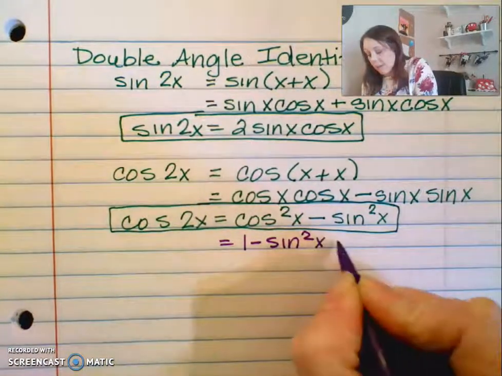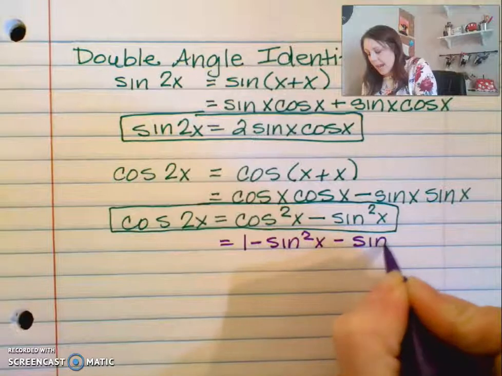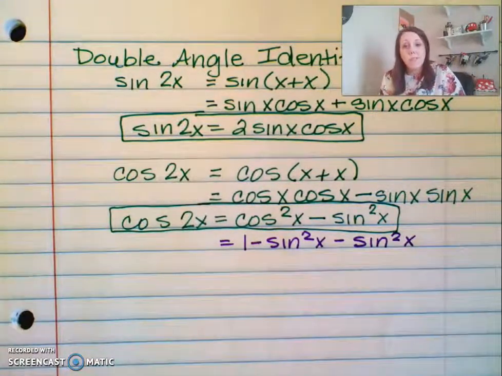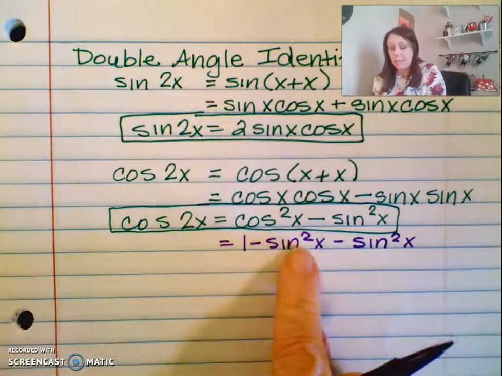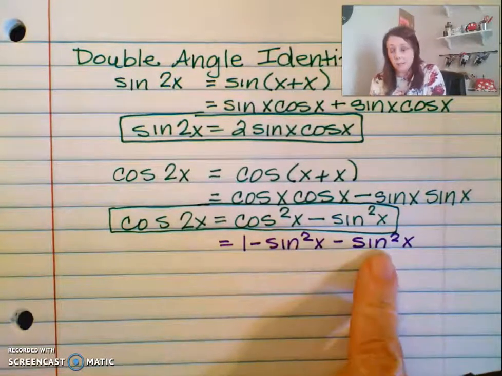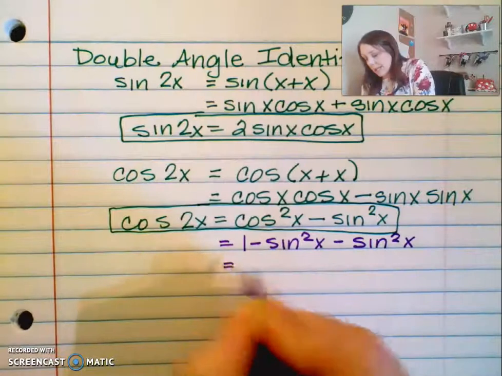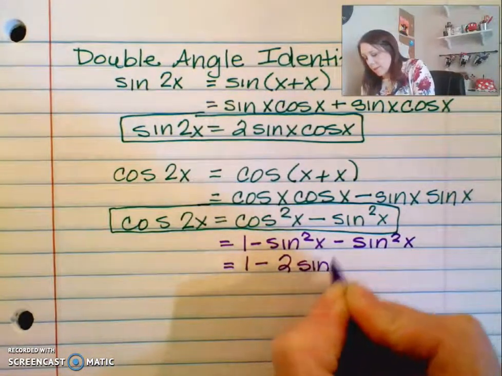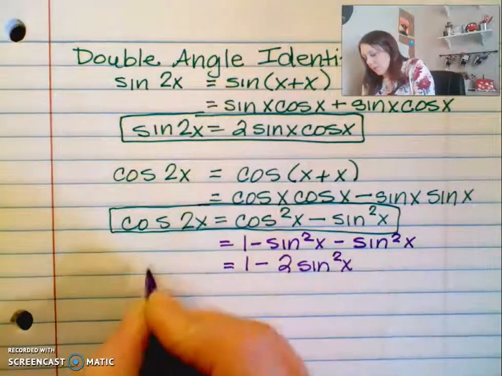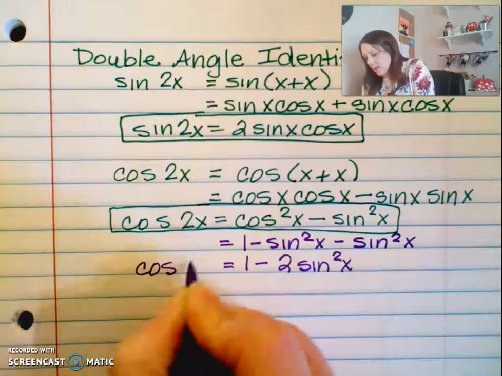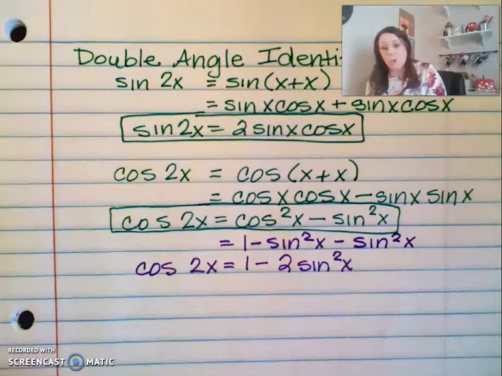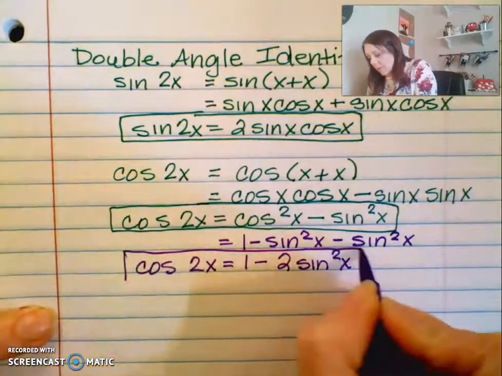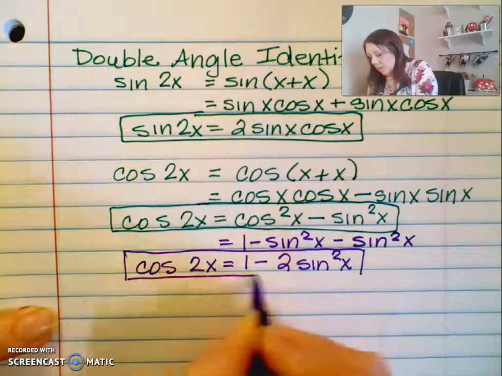And there again, that's coming from those Pythagorean identities. When we do that, then we have some quantities that we can combine. So we have a minus sine squared x and a minus sine squared x, which could be condensed into 1 minus 2 sine squared x. And this forms another variation of the double angle for cosine. So this is also an acceptable form of a double angle for cosine.